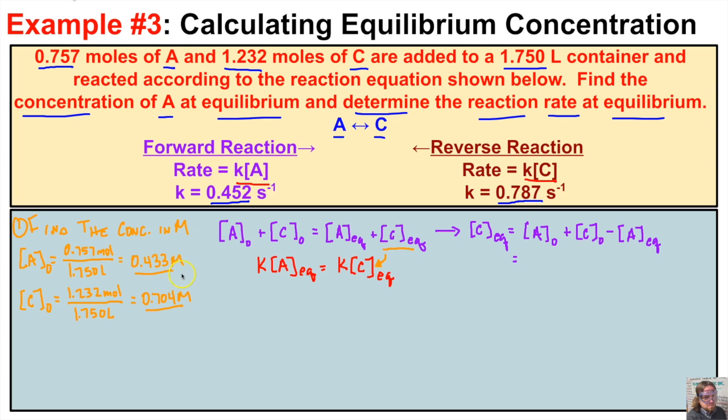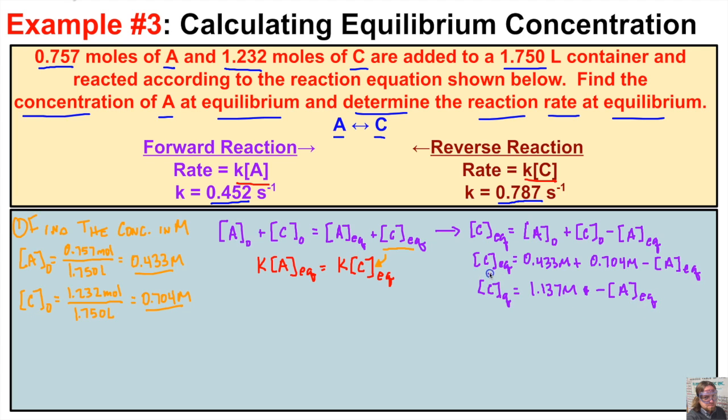And so if we take a look here, the initial concentration of A is 0.433 plus the initial concentration of C, 0.704, minus the concentration of A at equilibrium. And this is going to be the concentration of C at equilibrium. And so when we put this in our calculator, the concentration of C at equilibrium is going to be equal to 1.137 minus the concentration of A at equilibrium.